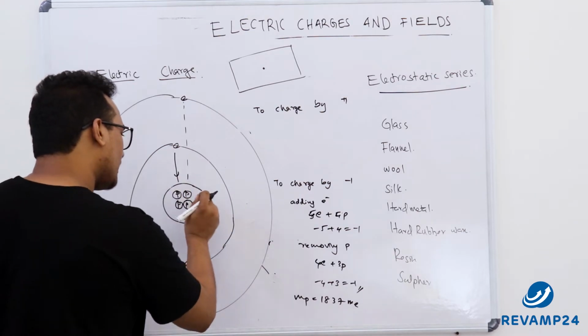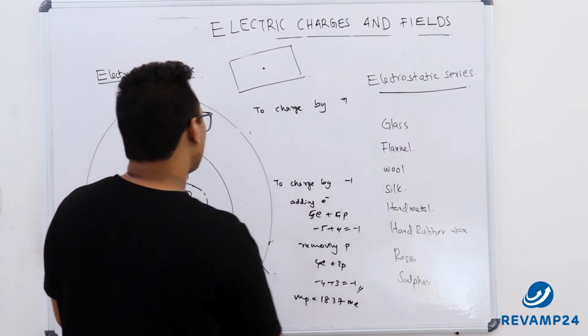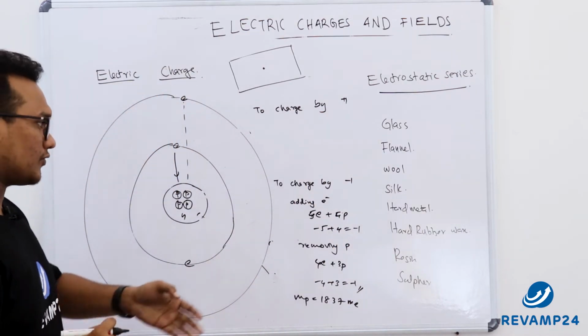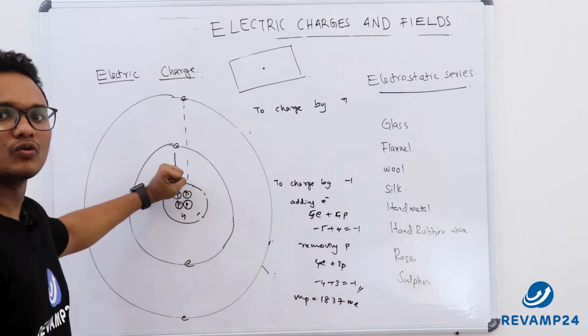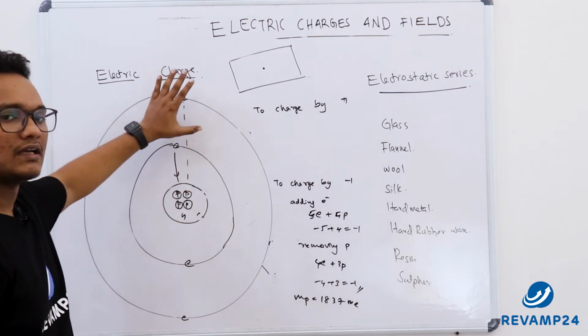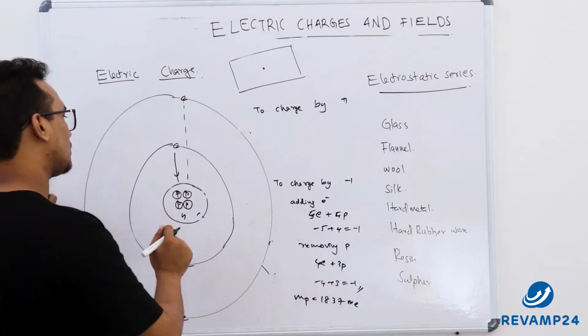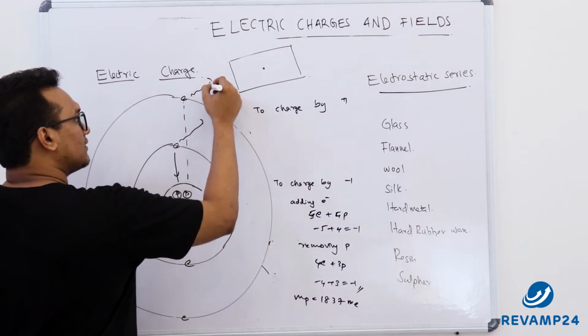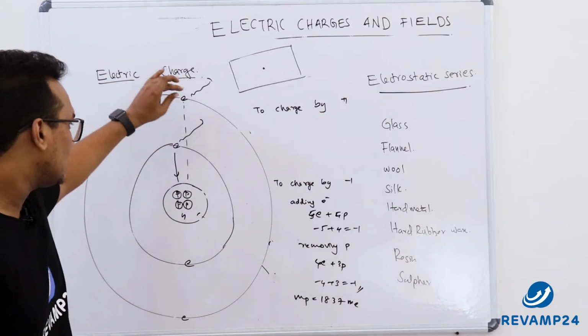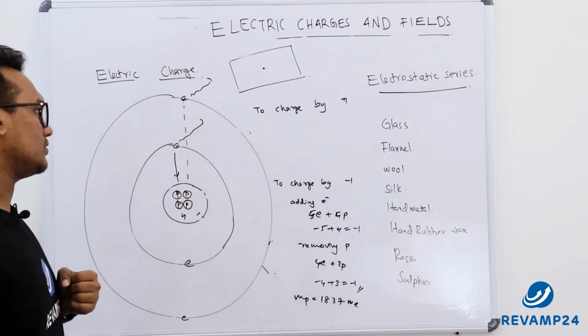So it is very, very difficult to take a proton out of the nucleus. So you have to mention 2 reasons: one is mass and the other is that the proton is held by nuclear force, and the electron is held by electrostatic force, and even then we can't easily take this electron out, but we can take the electrons in the outermost shell because they are at a weaker attractive force.